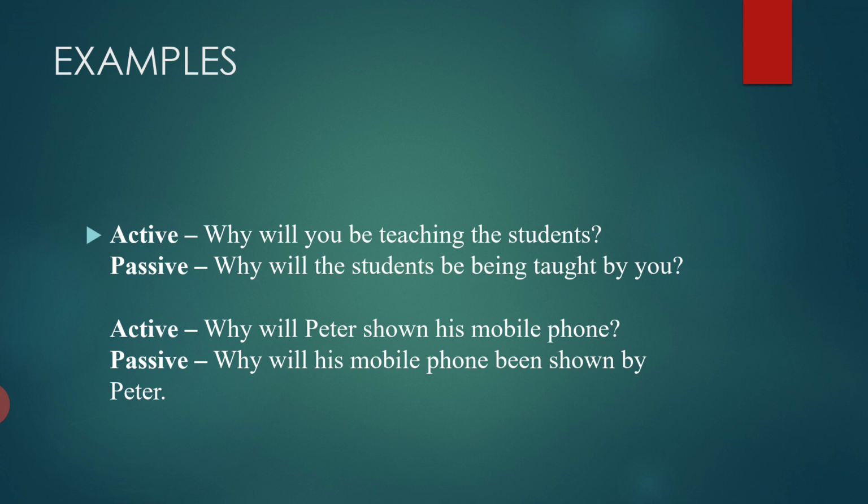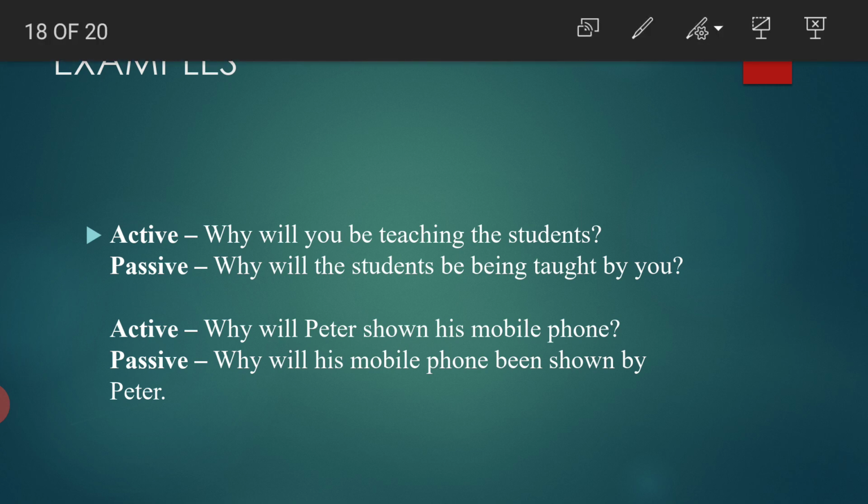Then it will change like, why will the mobile phone be being shown by Peter? So you can also change it into continuous tense by adding Peter be showing. But rather, it is a perfect tense sentence.